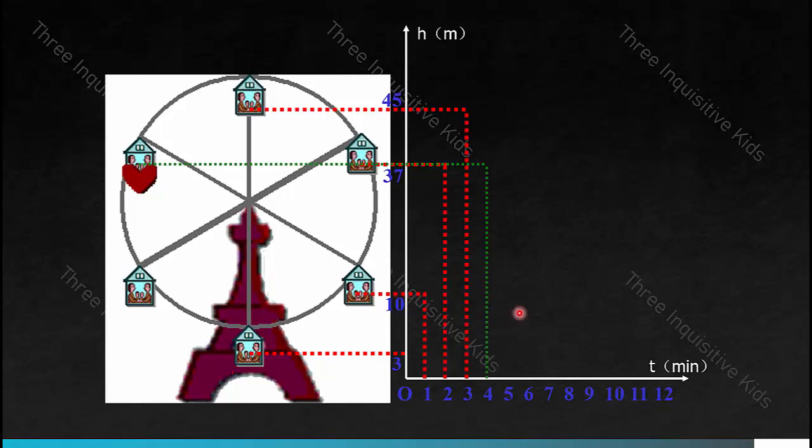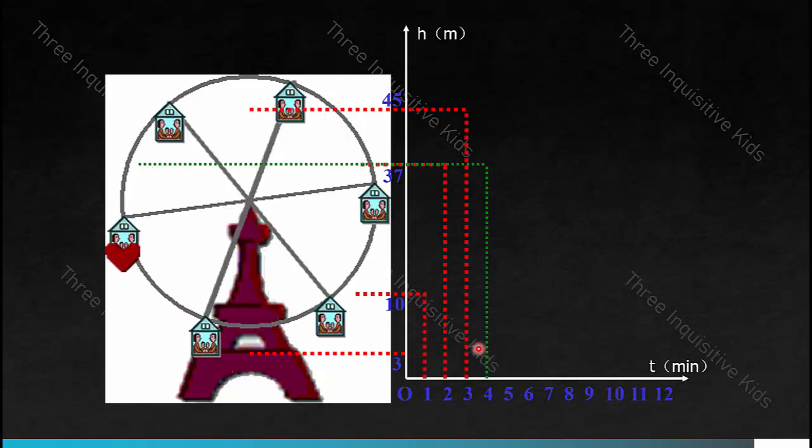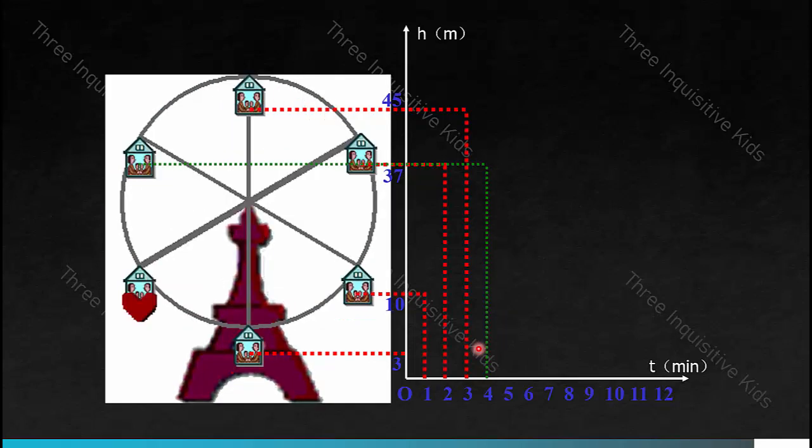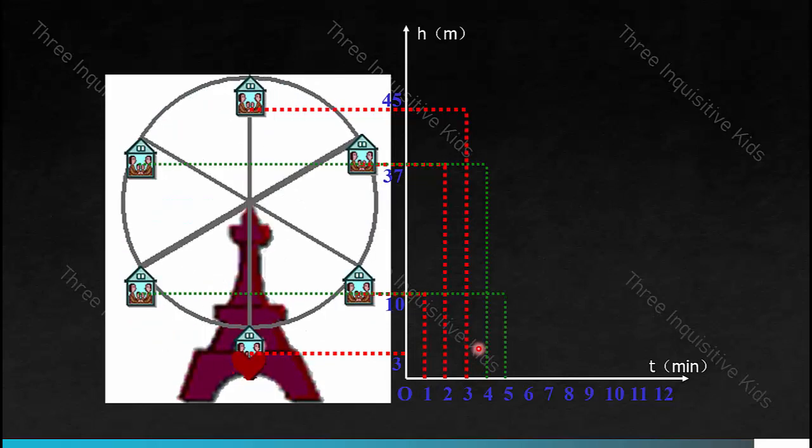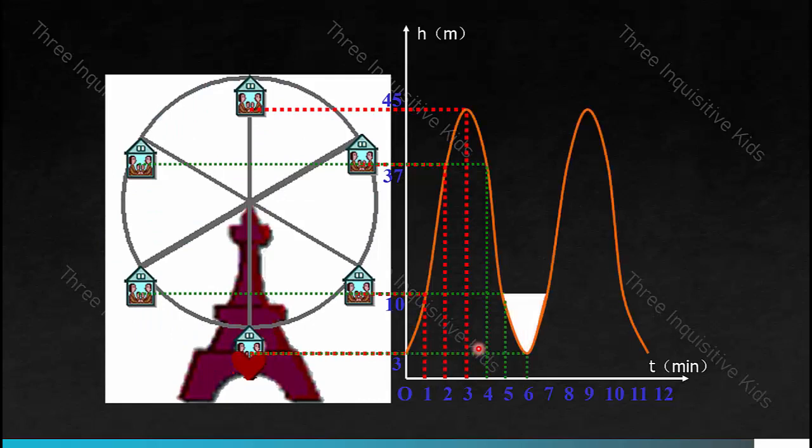And now, as you can see, you are starting to come down. When you're coming down, the dotted line we have to describe this is green. And you're at 37. Here you are still at 10 meters, and then finally you go back to where you started, which is 3 meters above the ground. Altogether, this forms this curve pattern, because you go up and down, up and down.